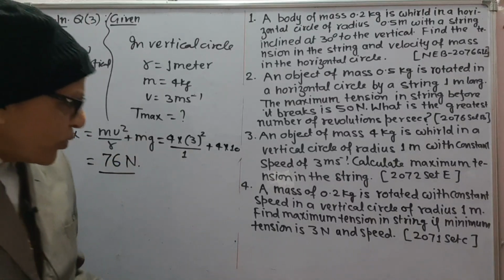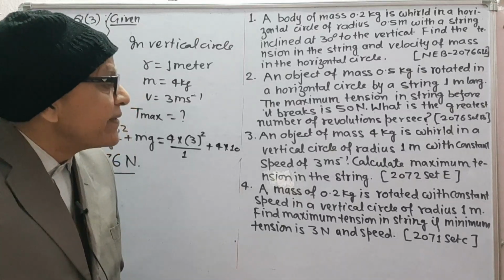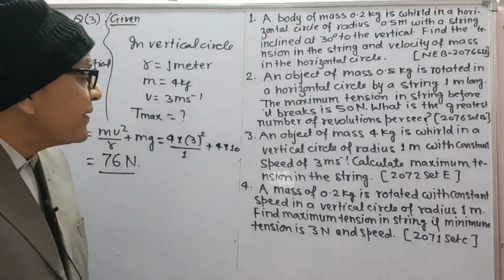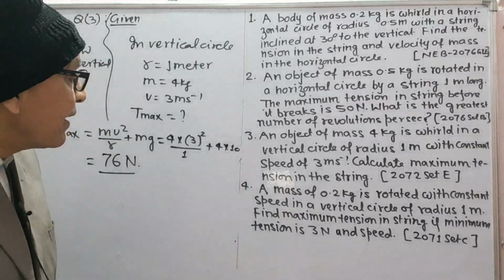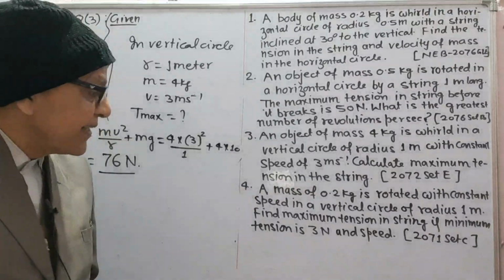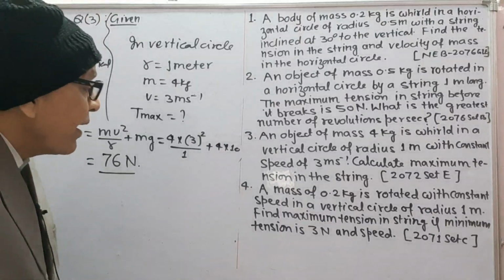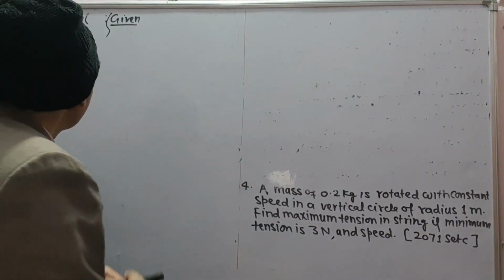Next question number 4. Question is, a mass of 0.2 kg is rotated with constant speed in a vertical circle of radius 1 meter. Find the maximum tension in the string if minimum tension is 3 Newton, and speed. Solution to question 4.